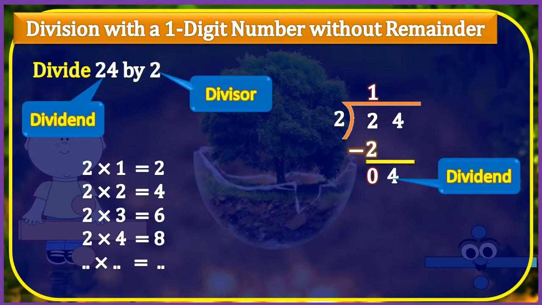For dividing the number 4, we find that the second time the table is showing the number 4, that is equal to the dividend. So write quotient 2 at the units place and the number 4 below this. After subtracting, we have nothing to divide and we have 0 as the remainder.